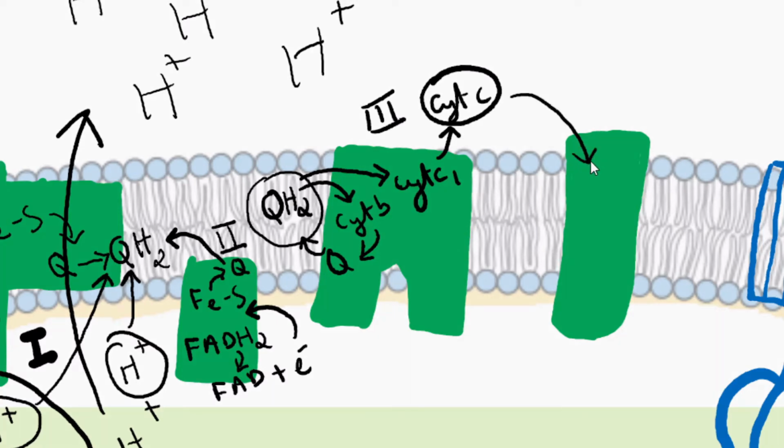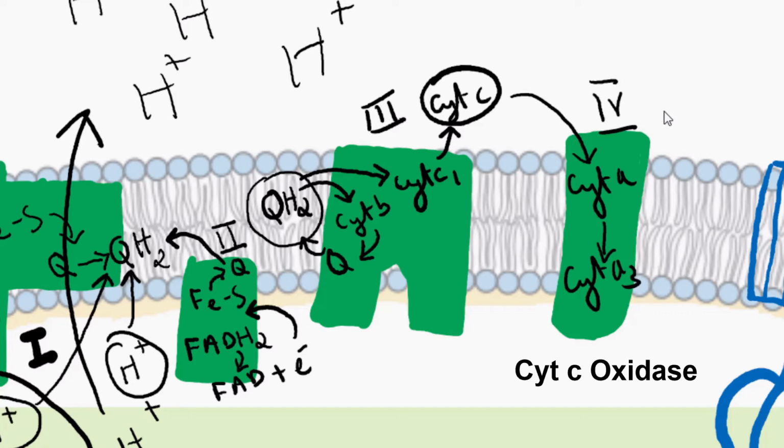electrons and pass those electrons into the cytochrome A and cytochrome A3 of complex number 4, which is also referred to as cytochrome C oxidase. Because why? Because cytochrome C is now oxidized, and remember, oxidation is losing electrons while reduction is gaining electrons.